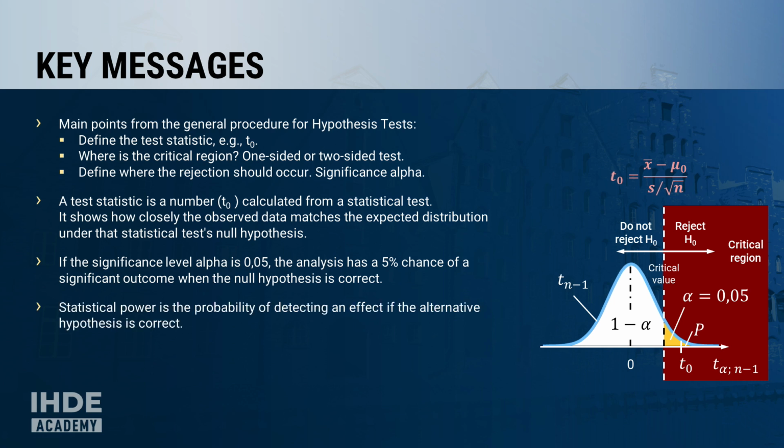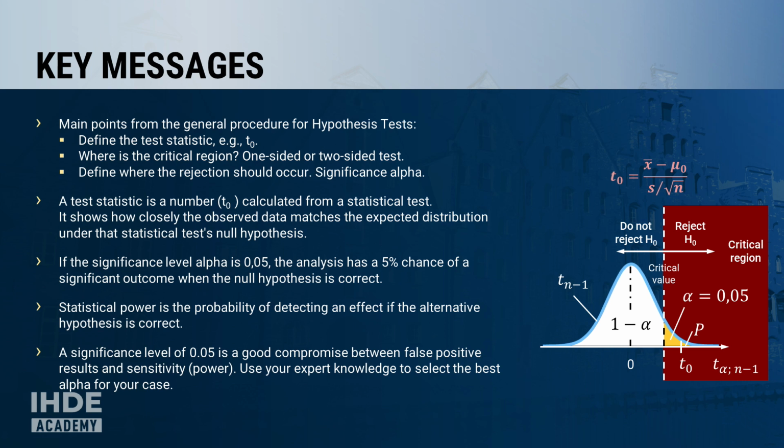Statistical power is the probability of detecting an effect if the alternative hypothesis is correct. And last but not least, a significance level of 0.05 is a good compromise between false positive results and the sensitivity, that is, the power of the test. Use your expert knowledge to select the best alpha for your case.